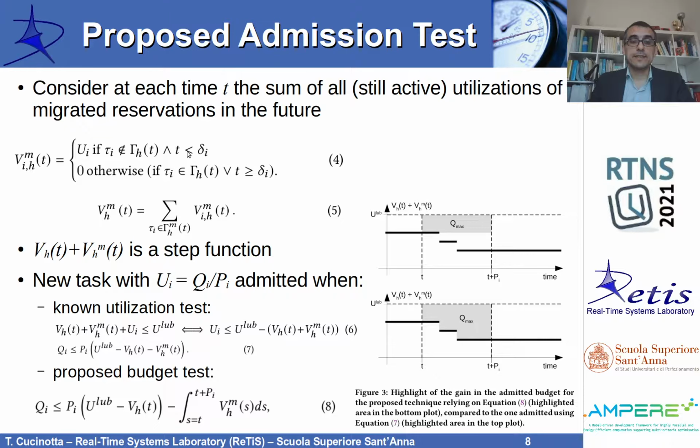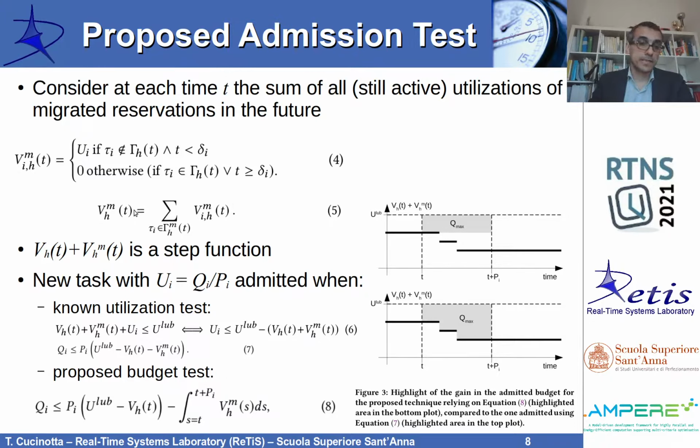Beyond that point, the function goes to zero. If we sum up all these functions, we still obtain a step function, V_H^M(t), for the core H, of the active migrated utilizations of all tasks that migrated from the CPU.